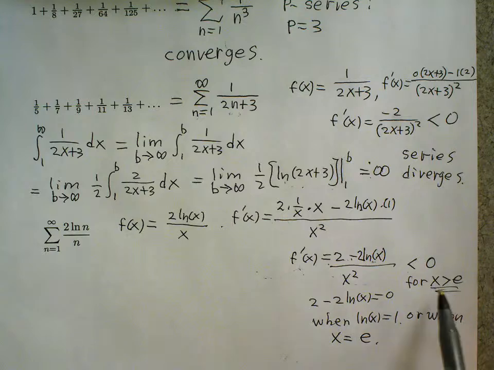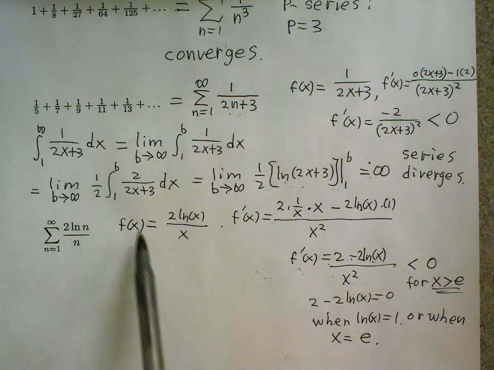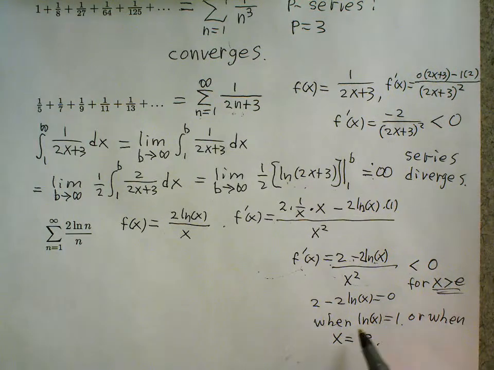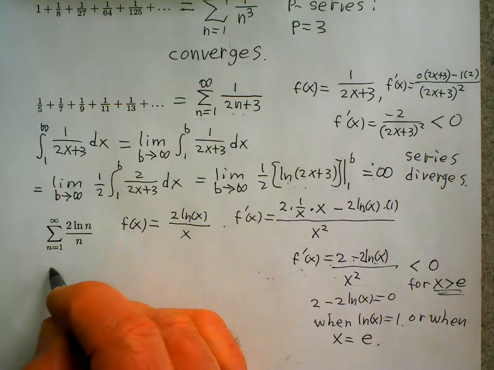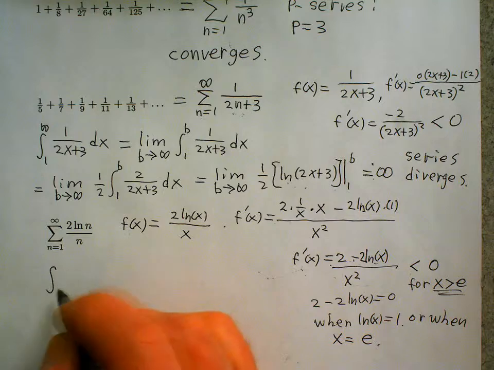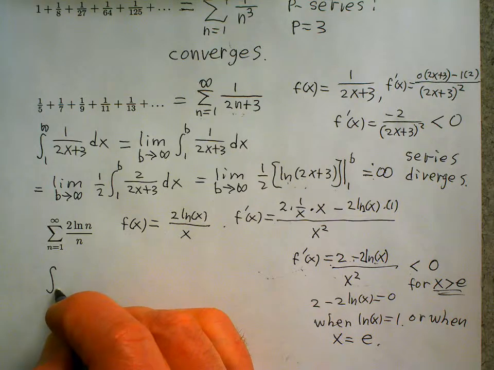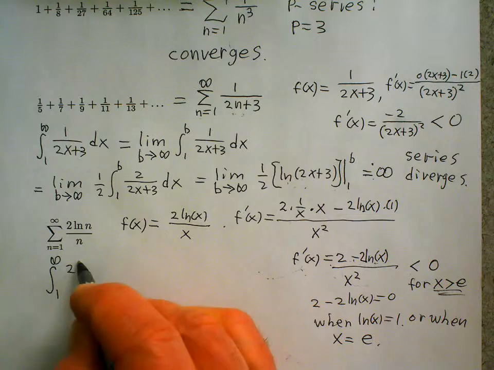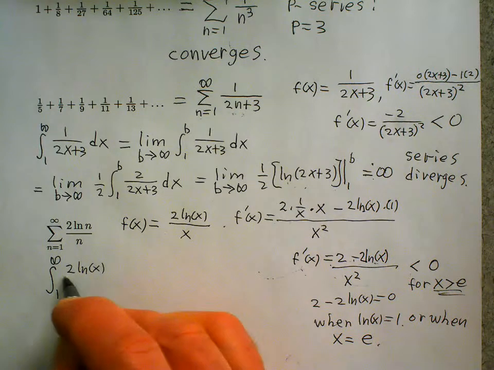Okay, so as long as the function is eventually decreasing, we can use the integral test. So the improper integral of f of x from 1 to infinity, 2 times the natural log of x over x dx.